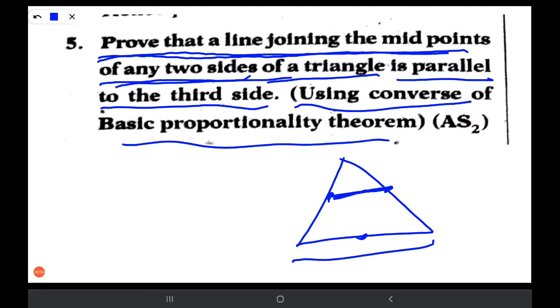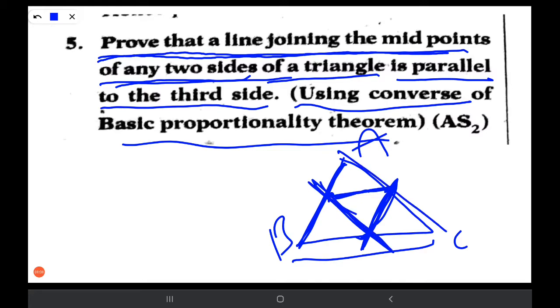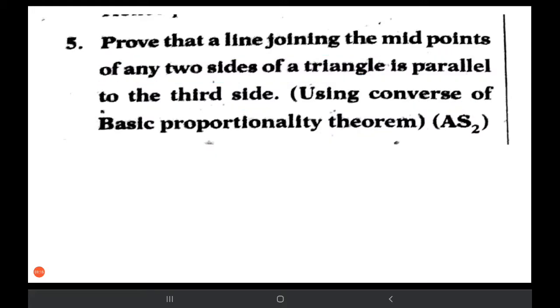For example, consider it is ABC. If you join these 2 points, this line is parallel to this AC side. We have to prove that using the converse of the basic proportionality theorem. Right, let us see the solution.